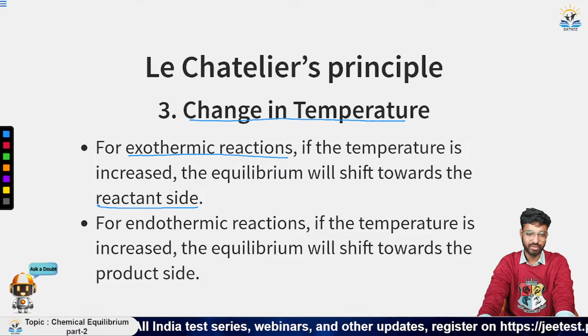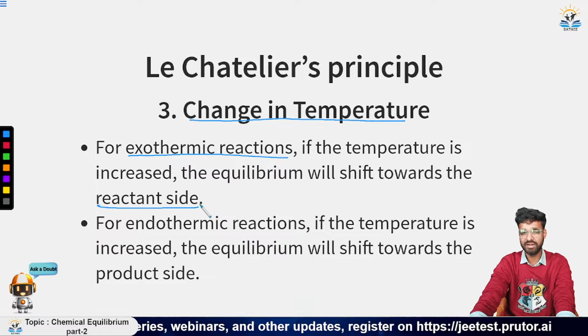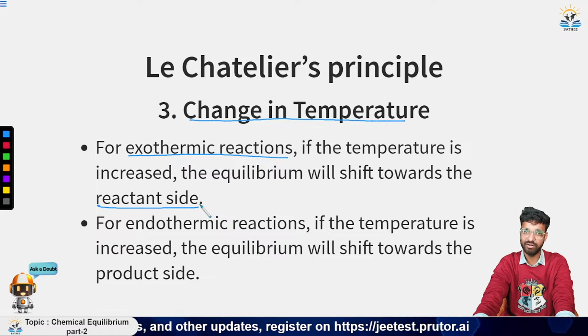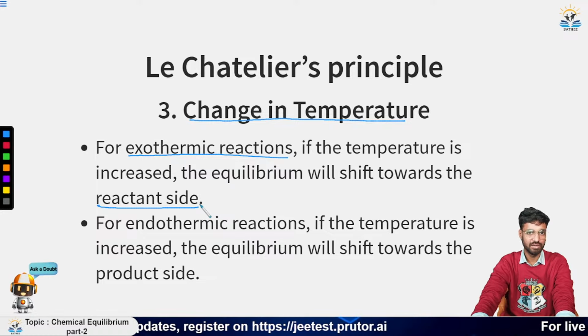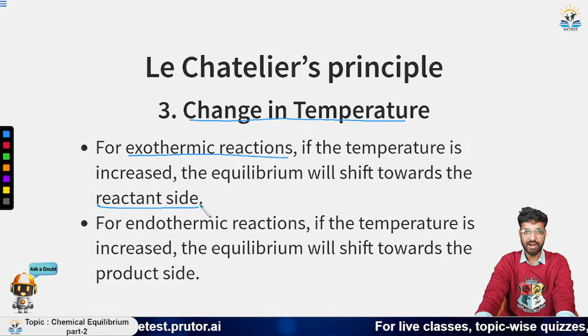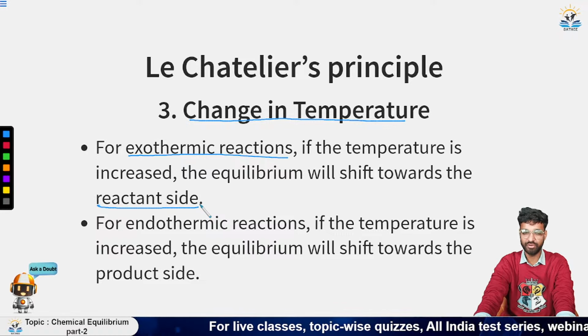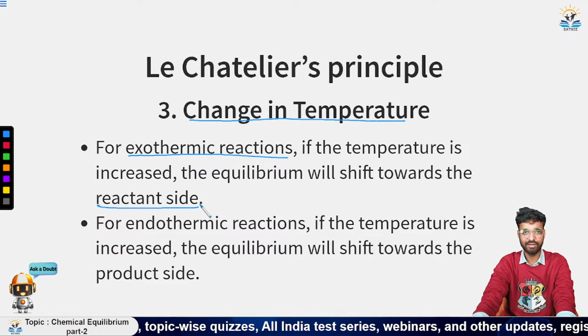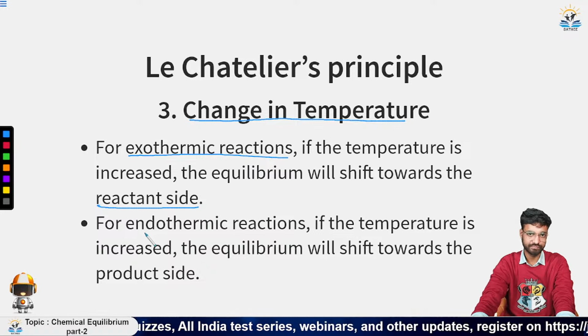Why? Because if it is exothermic in the forward direction, then it will be endothermic in the backward direction. Endothermic means energy is absorbed, and the extra heat we have given to increase the temperature will be absorbed by the backward reaction, so that the effect of Le Chatelier's principle is maintained.